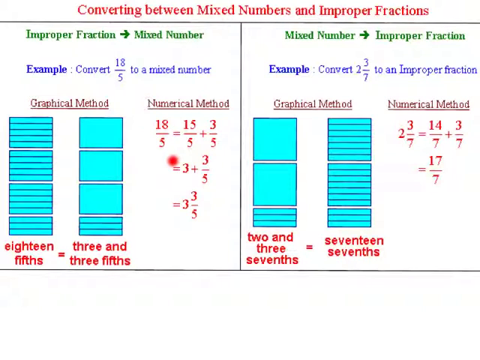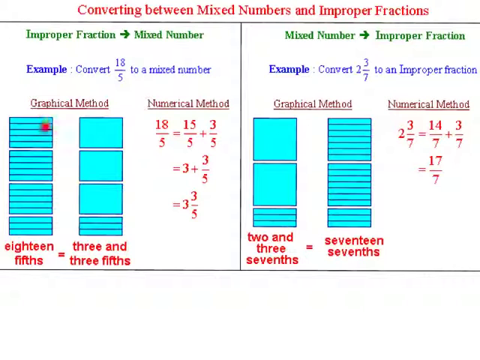So 18/5 is equal to 15/5 plus 3/5, and 3 plus 3/5 is 3 3/5. Now how did I do that? I would say 18 divided by 5 goes 3 whole times with 3 left over, 3 out of 5.